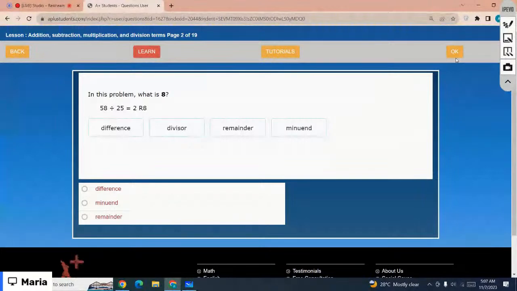That is the remainder. If the number isn't completely divided by the other number, you are left with some number, and that is the remainder.